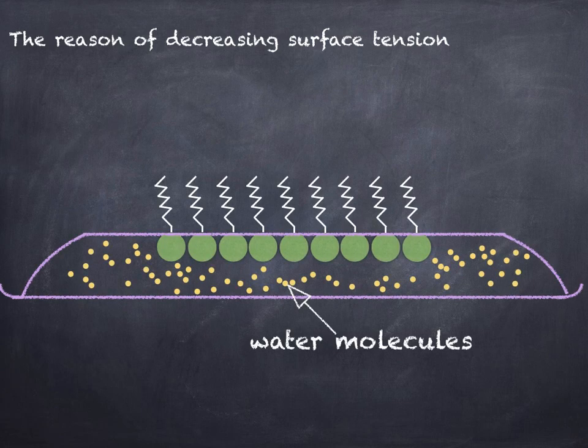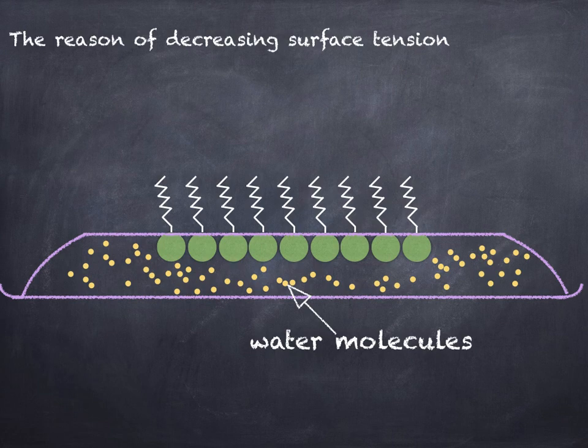And let's move to the next question. Why can the addition of detergent, which we can say the addition of surfactant, reduce the surface tension? Just as I said above, one part of the surfactant is hydrophilic and the other part is hydrophobic.